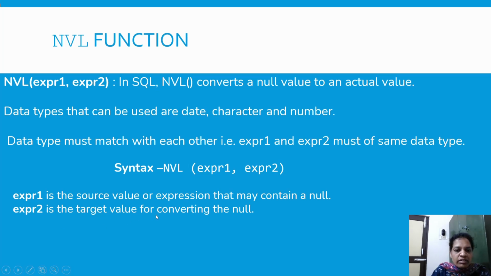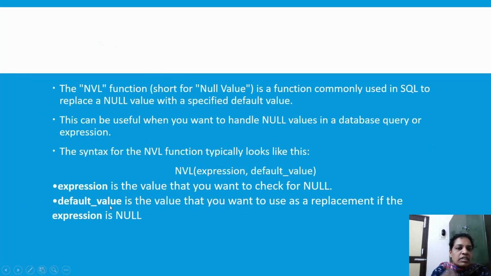Expression 2 is the target value, which converts the null. NVL is the short form of null value. It is a function commonly used in SQL. As I said, it replaces the null value with a specific default value.